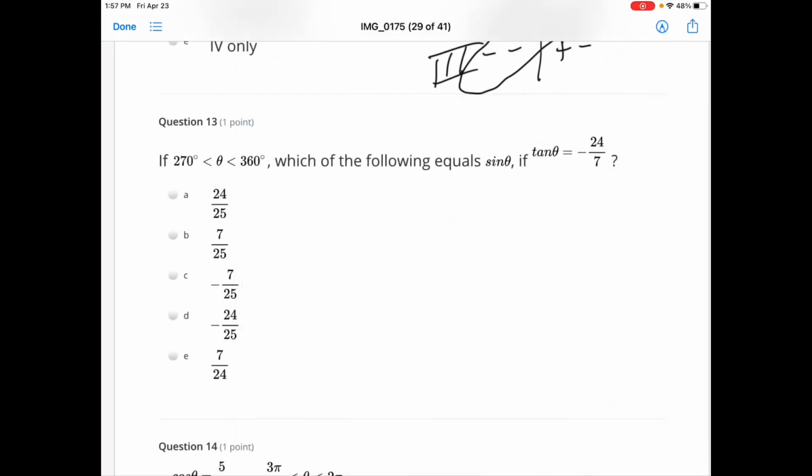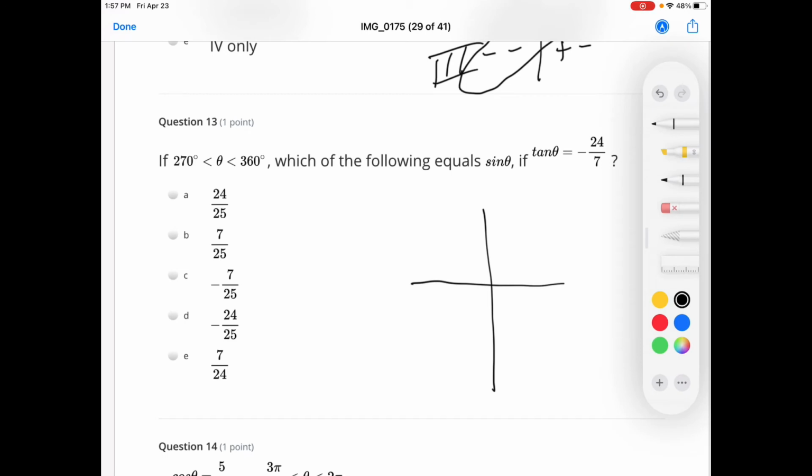All right, number 13 tells us tangent's negative. So that tells me it's either in the second quadrant or the fourth quadrant. But it actually tells me exactly which quadrant it's in. It's between 270 and 360.